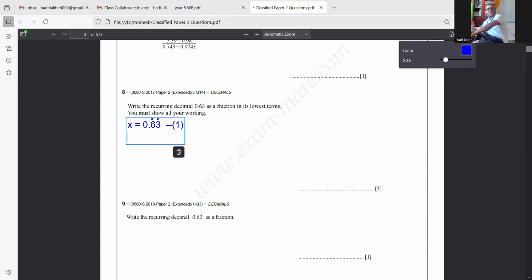How many recurring digits do you have? You have 2. If you have 2, multiply by 100. So 100 multiplied by x is equal to 100x is equal to 63.63 recurring. And this you will call equation number 2.